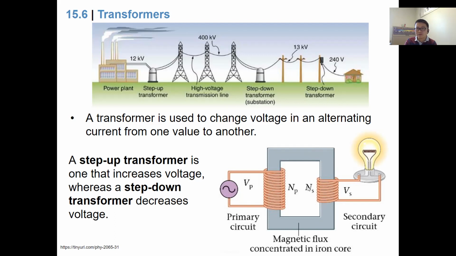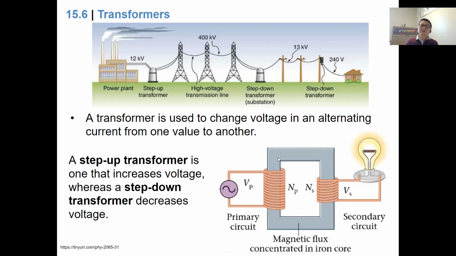In the secondary coil, we have a different number of turns of coil, and the voltage is called Vs. For a step-up transformer, you'll have fewer coils on this side, and more coils on this side. For a step-down transformer, you have more coils on the primary side, and fewer coils on the secondary.